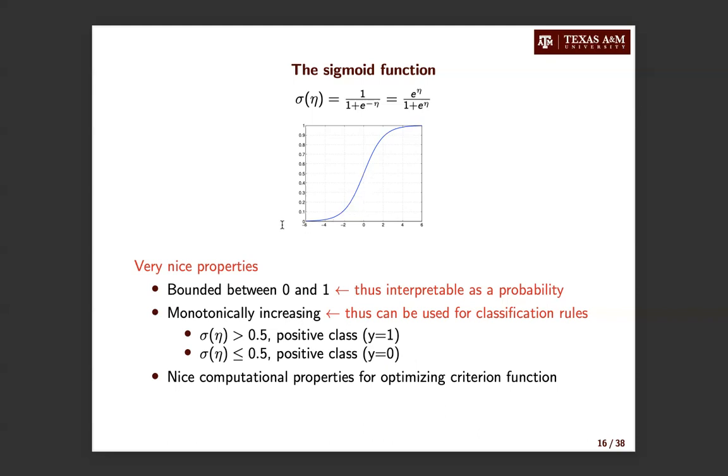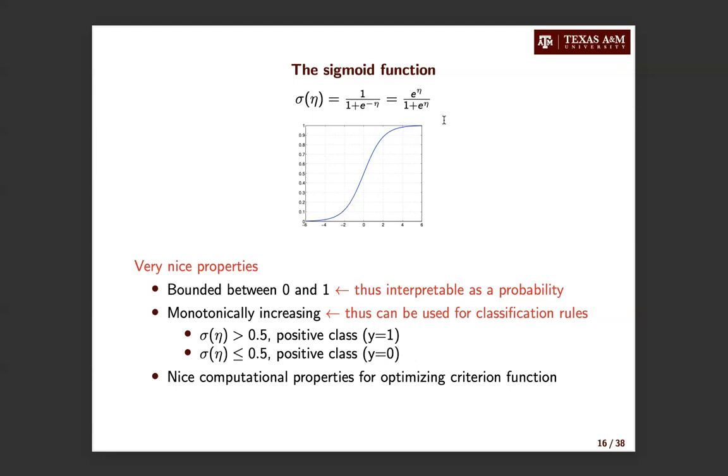When our input is less than 0, then the output is lower than 0.5, between 0 and 0.5. And when the input is larger than 0, then the output is between 0.5 and 1. Because now our output is bounded between 0 and 1, it can be interpreted as a probability, which is the goal for the logistic regression model.